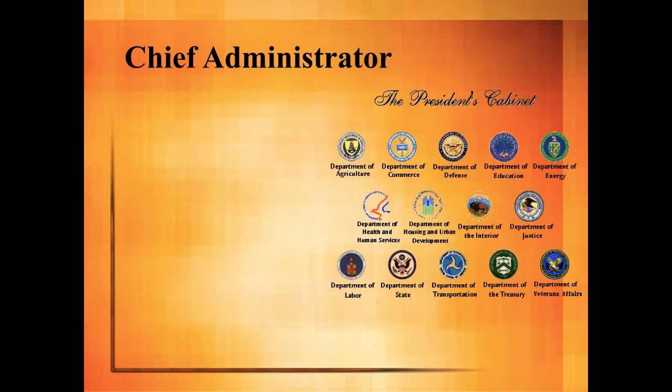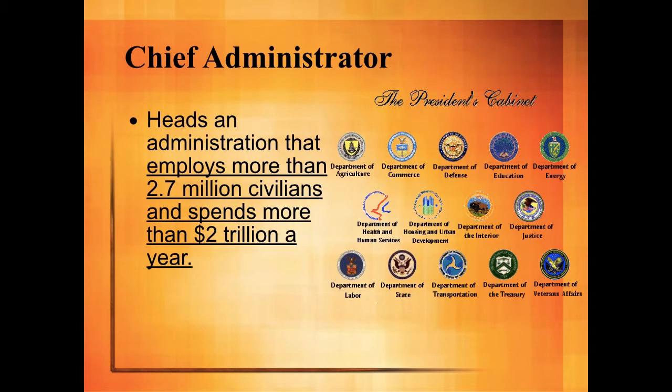The president's also the chief administrator, and what this means is the president's in charge of a lot of people, not all people in the government, but a large percentage of them. We're talking 2.7 million civilians, right? And that's about $2 trillion a year. These are most of the departments, although the Department of Homeland Security is missing on here.